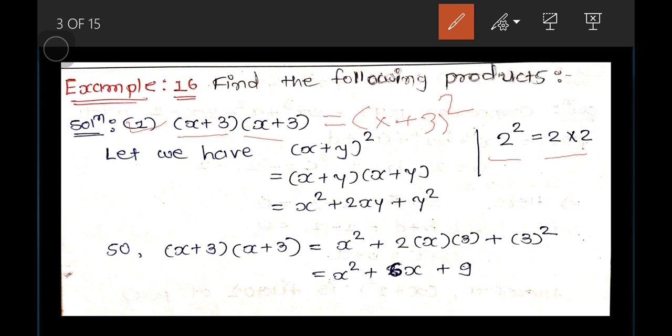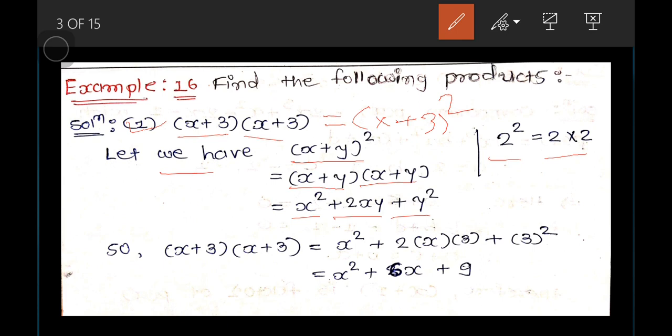Now we recall our identities. Here x plus 3 all square is of the form x plus y all square, which means x plus y into x plus y, and we know the expanded form of x plus y all square is x square plus 2xy plus y square. So we find this product by using this identity.